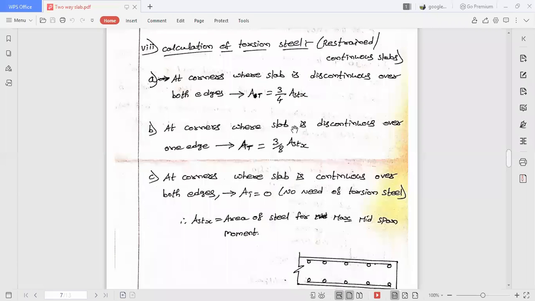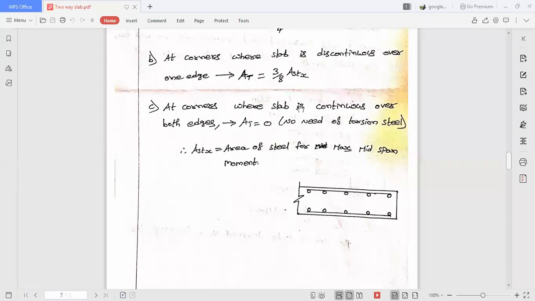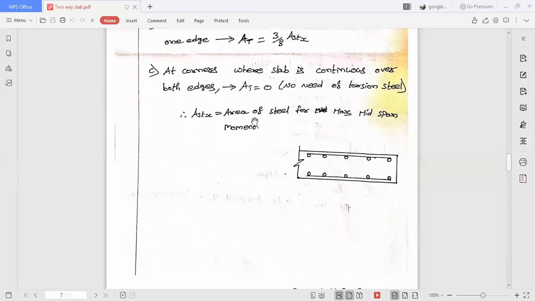Now at corners where slab is discontinuous over one edge only, one edge discontinuous, other edge continuous, in that case, it is only 3/8 of AST. Next, at corners where slab is continuous over both edges, how much torsion steel? 0, which means no need of torsion steel. Okay. So here AST means area of steel for maximum midspan moment. Midspan means in Y there is one, in X there is one, whichever of the two is maximum, that is AST.